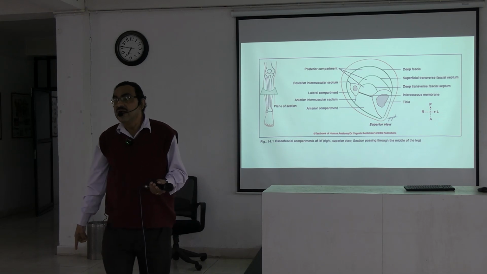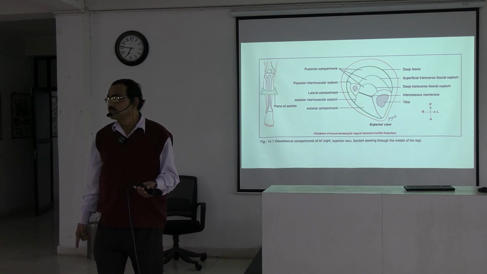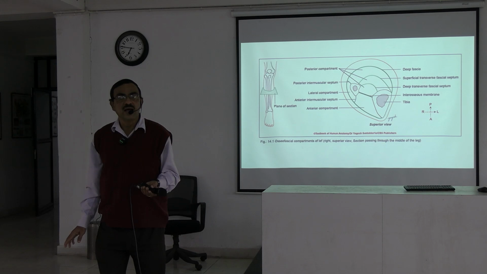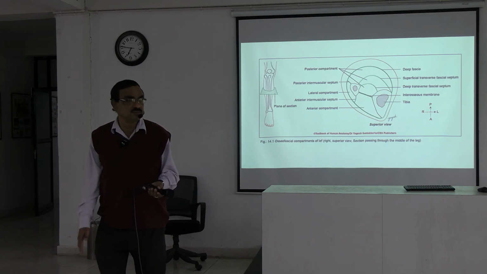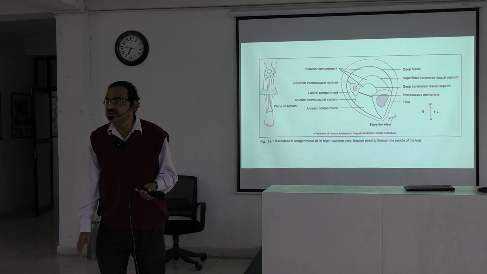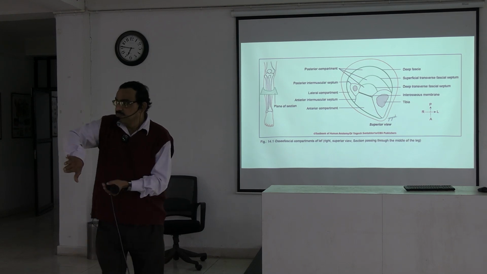The lateral compartment muscles are peroneus longus and peroneus brevis, and peroneus tertius, which unfortunately is present in the anterior compartment, but their function is eversion.